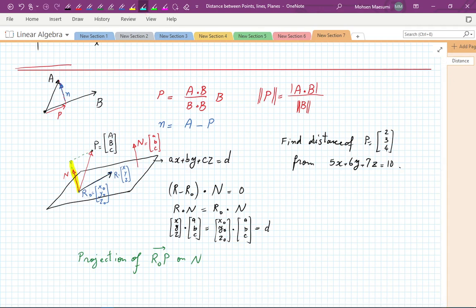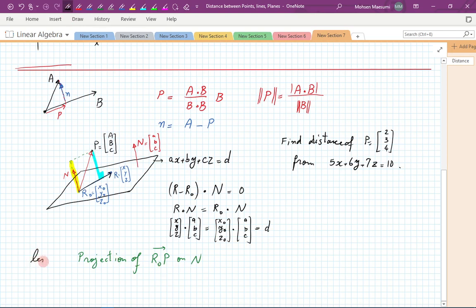Let me give you a clue. Well, what if I go directly down here? That blue and that yellow are the same thing. What is the significance of the blue? Of course, the significance is that this is perpendicular, that is exactly the distance we are looking for.